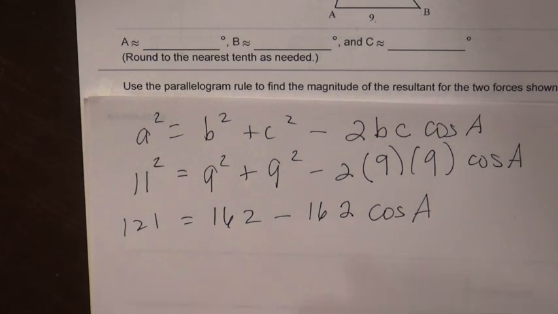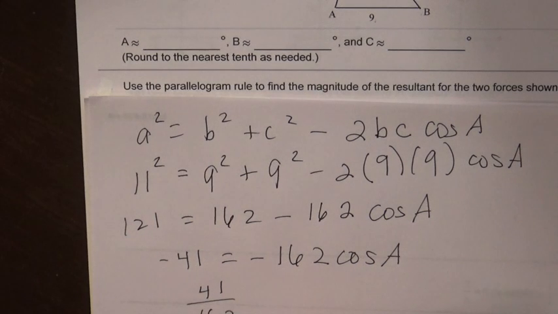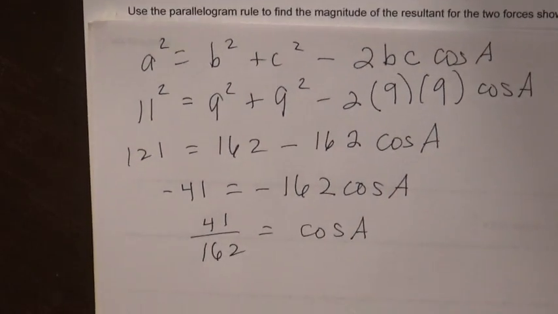So 121 minus 162 gives me negative 41 equals negative 162 cosine A. Divide both sides by negative 162. That gives me a long decimal, or I can just write it as a fraction, 41 over 162 equals cosine A.